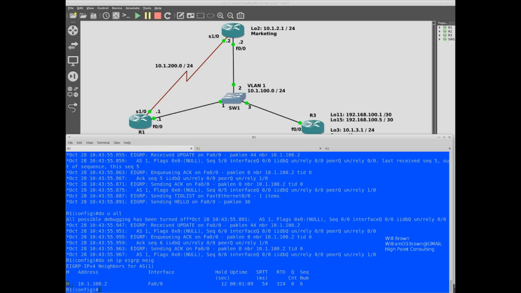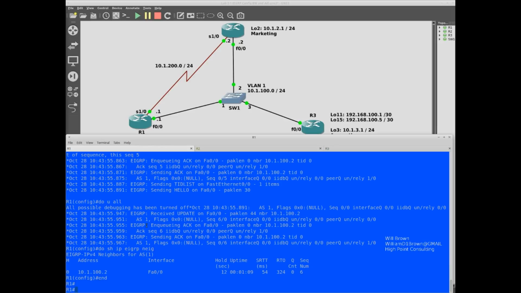So handle 0 is the first one. Then there's the IP address, the interface, the hold time, the uptime, smooth round trip time, retransmit, and we always want to see queue count 0. Sequence number is 6. So we've got an EIGRP neighbor relationship between router 1 and router 2.